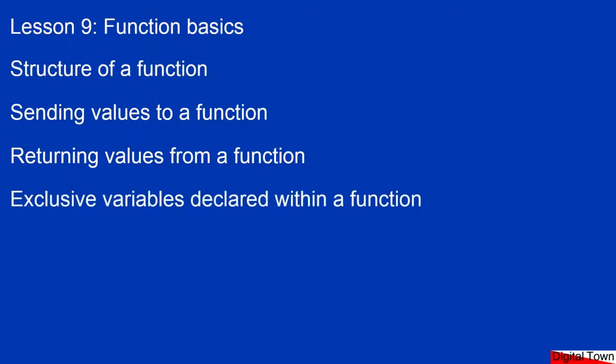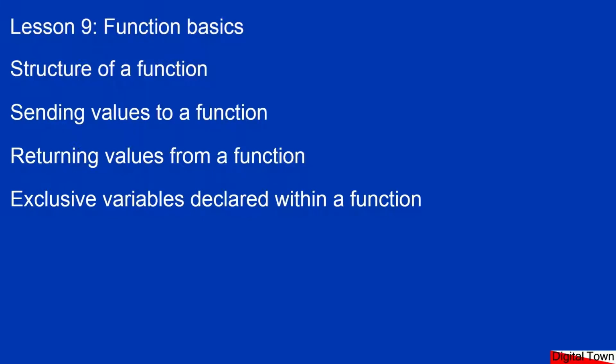And then we're also going to look at how certain variables are exclusive to a function and how we can have a variable within a function that cannot be used anywhere else. So that's the basics of the lesson that we're going to look at today.